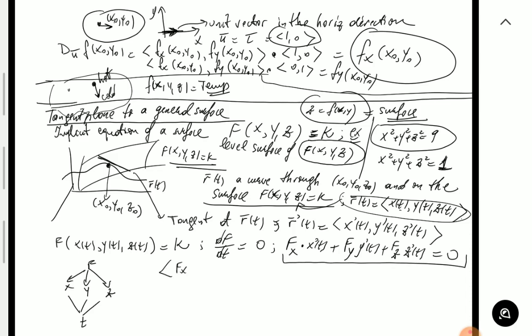It is a dot product between a vector of partial derivatives of big F and the vector of the derivatives with respect to t for that curve, x prime of t, y prime of t, z prime of t. In a more compact form, this is saying that the gradient of big F at that point, x naught, y naught, z naught, dot r prime of t should be 0.